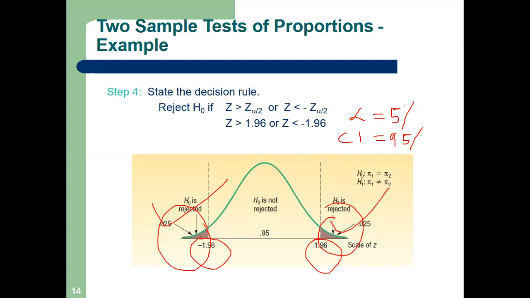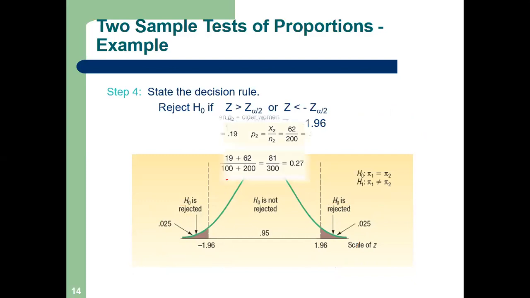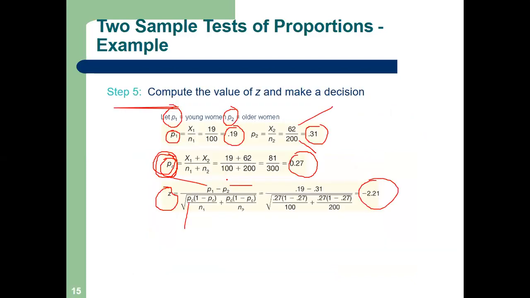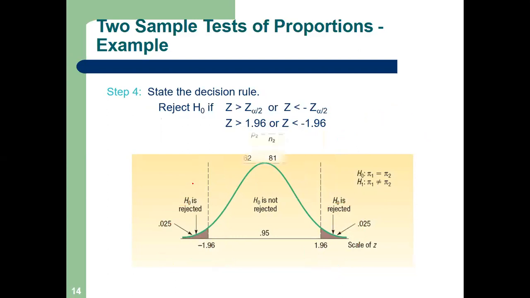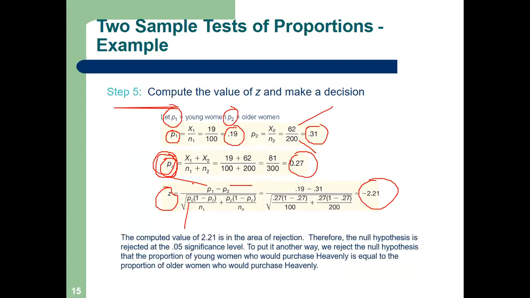Now, what is our calculated Zcal value? Minus 2.21. So it lies somewhere here. Do we accept the null or reject the null? Reject, sir. Excellent. You have understood the whole of hypothesis testing. I think the syllabus is over.